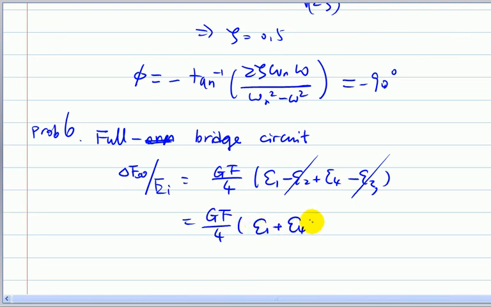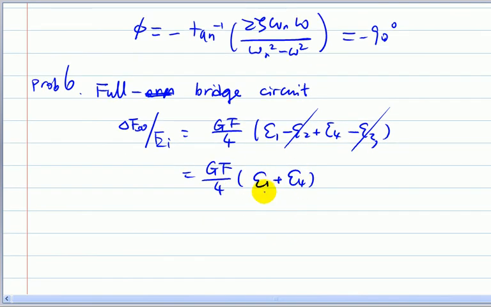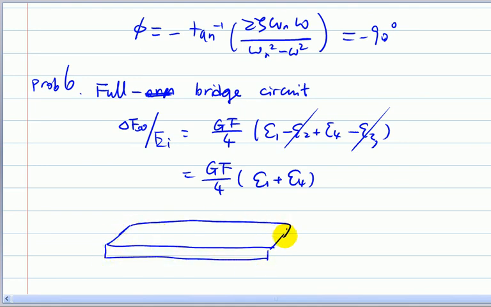So the question is, what will be the epsilon 1? What will be epsilon 4? Because you're using two identical strain gauge sensors, and they are mounted at the same location, one at the top, the other one at the bottom, and you have a tensile force like that.